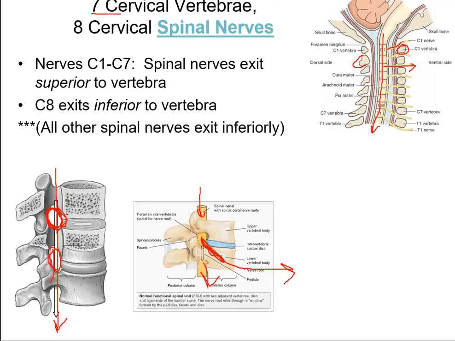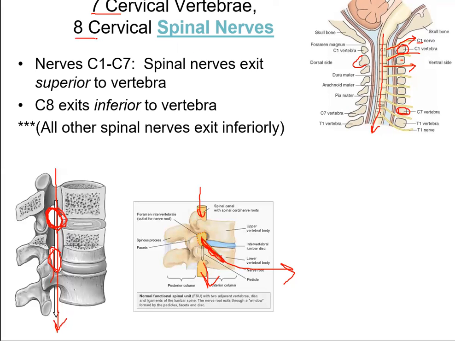So this first spinal nerve that exits up here, that is over top of it, is superior to vertebra C1. And so we call it nerve C1. Okay. This one here is over vertebra C2, so we would call it C2. C3 is over C4, and so on and so forth, all the way down to C7. Now, it gets a little tricky after this.